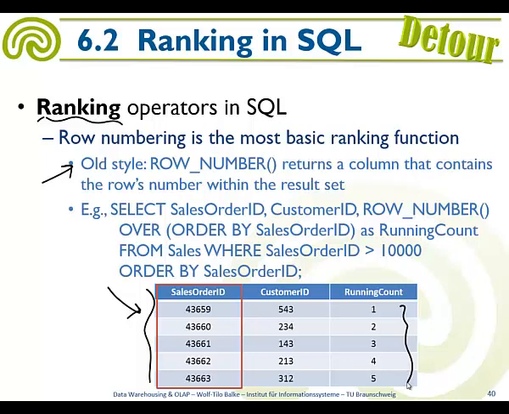So here we're selecting the sales order ID, the customer ID, and we enforce an order by the sales order ID, and then we set some condition, you get the running count on these sales order IDs. Pretty simple, straightforward, nothing tricky here, right?